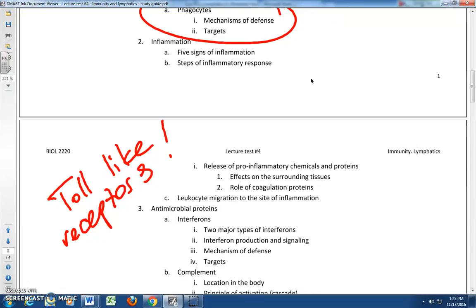But you have to understand the concept of toll-like receptor. Remember, we talked about it. Toll-like receptors are pattern recognition receptors that recognize certain molecules on different types of microbes, so-called PAMPs.